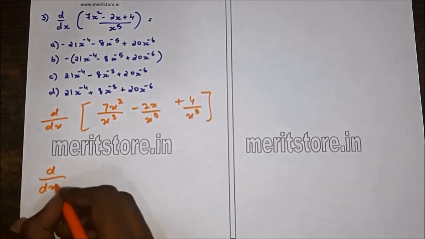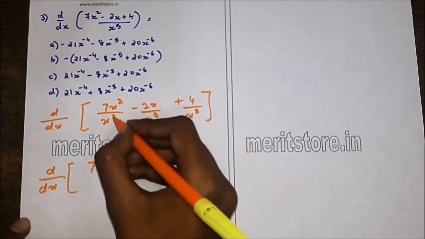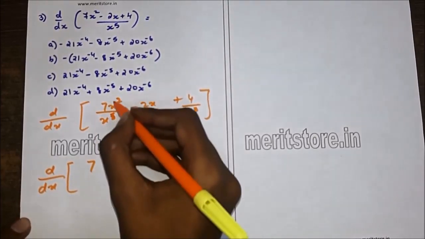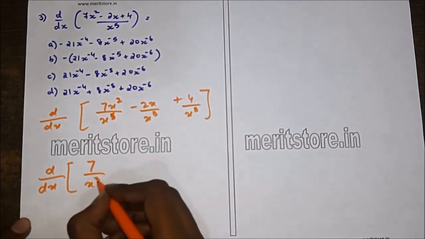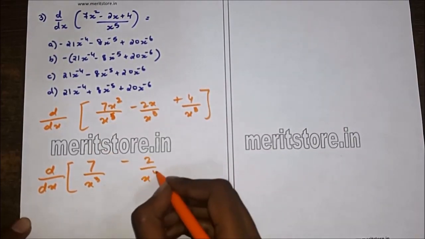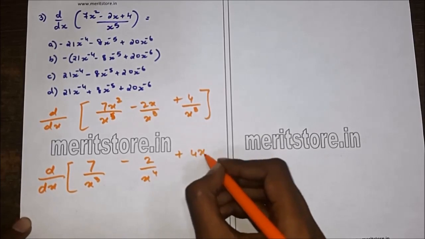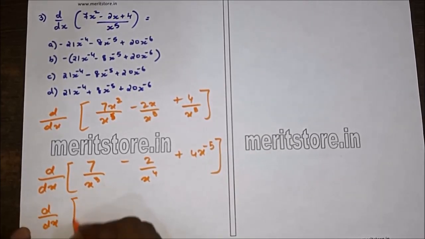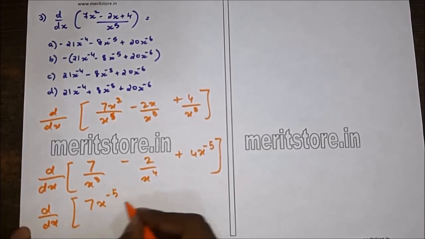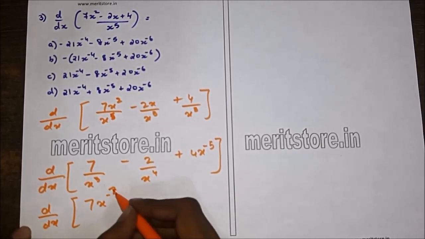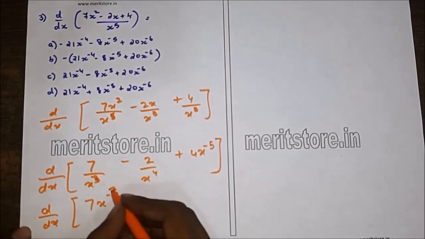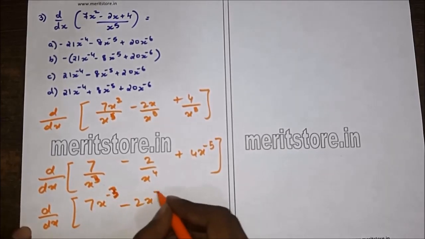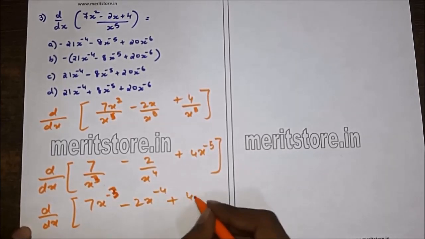So we get d by dx of 7 upon x cube minus 2 upon x raised to 4 plus 4 into x raised to minus 5. That is d by dx of 7x raised to minus 3, minus 2x raised to minus 4, plus 4x raised to minus 5.